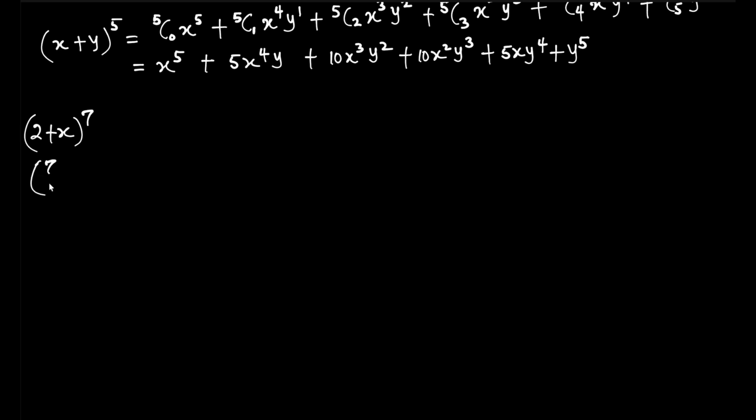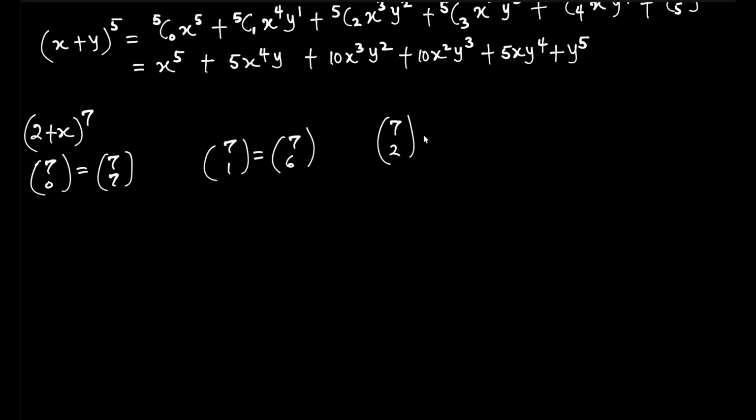Basically 7 combination 0 is equal to 7 combination 7, and 7 combination 1 is equal to 7 combination 6. 7 combination 2 is the same as 7 combination 5, while 7 combination 3 is the same as 7 combination 4. That's all, right?